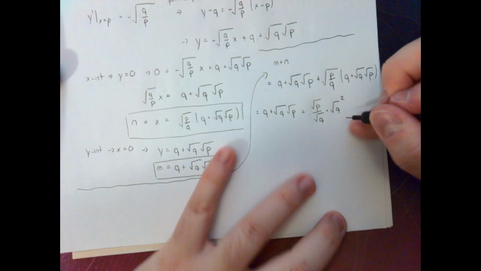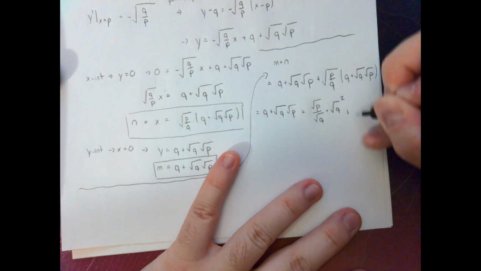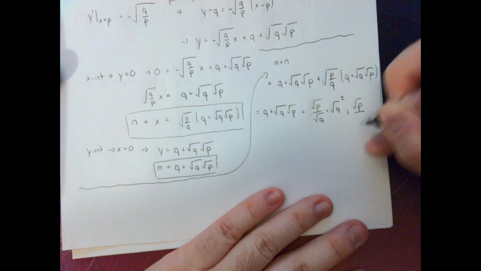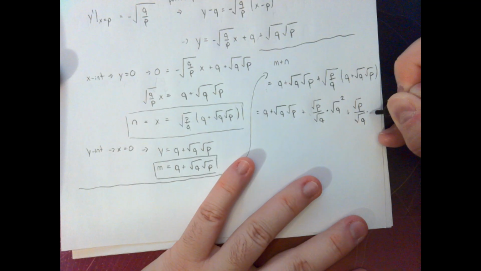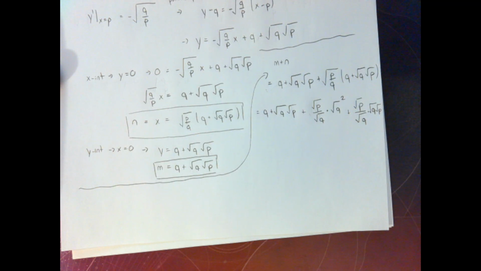And then finally here, plus, so that was just our first term. And now our second term is going to be the root of p divided by the root of q. And now it's going to be multiplied by the root of q, the root of p. Sorry, I almost ran out of room there on my paper.